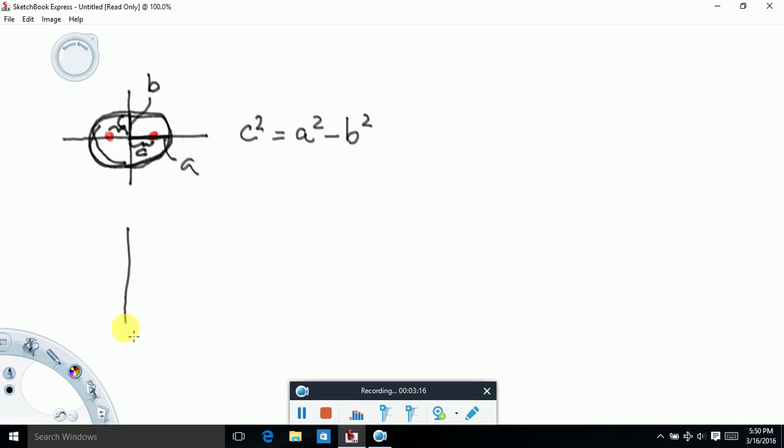Now, if we had an ellipse that was vertical, and our foci were here, C is this distance right here. And your A is going to be this, and B is going to be that. Again, this is the semi-minor axis, semi-major axis. The same equation holds true for both.